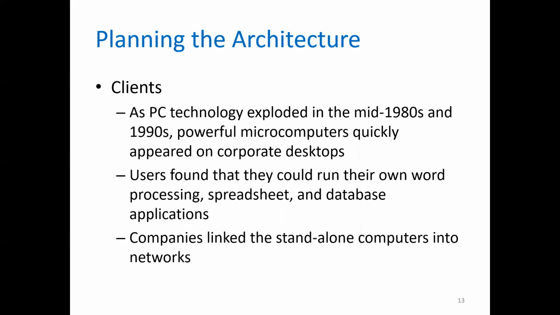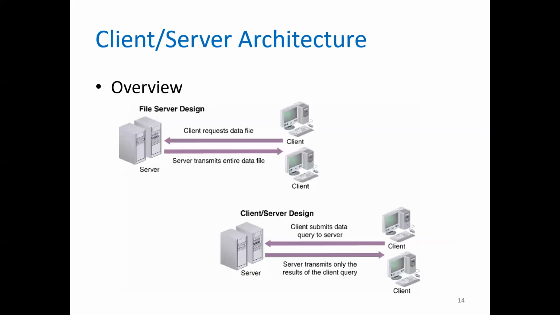A client is basically a device on a computer network that requests information, and generally it requests information from a larger computer known as a server. The illustration shows the architecture of a client-server network. As aforementioned, a client requests information and the server responds to it.